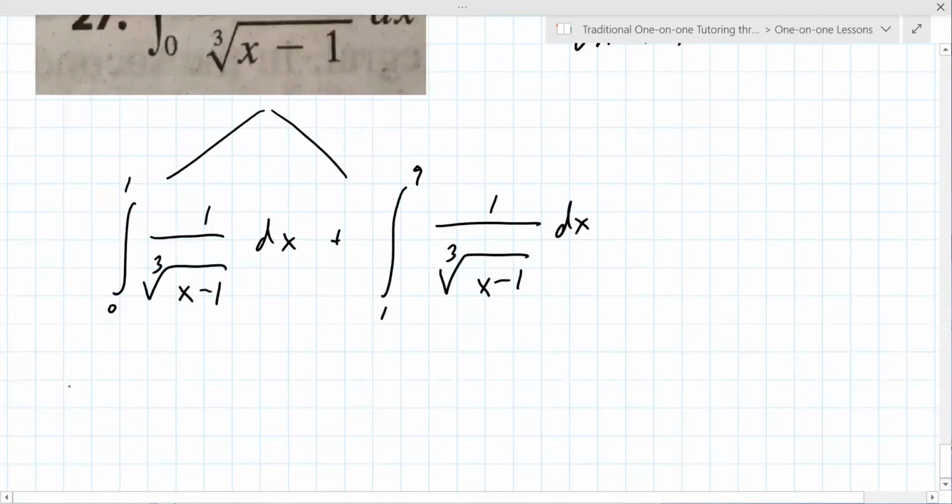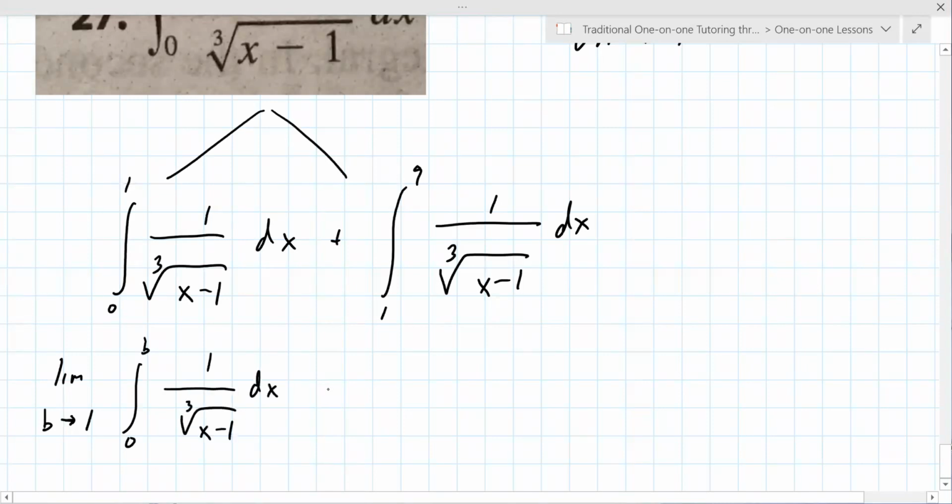So your B here is the limit as b goes to 1, integral 0 to b, 1 over the cube root of x minus 1 dx. Because these have the same b, we can get away with not writing it again.